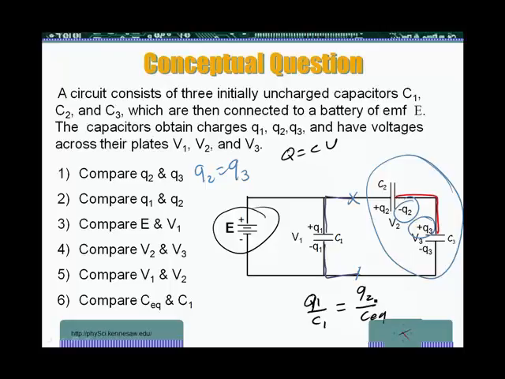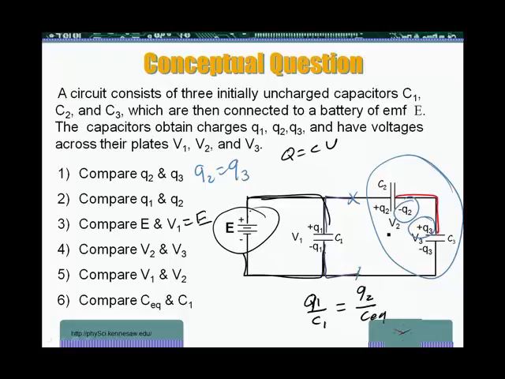Now, how does the voltage V1 compare to the voltage E? These ends are at the same voltage. So that means V1 and E are equal to each other. What about V2 and V3? We don't know.